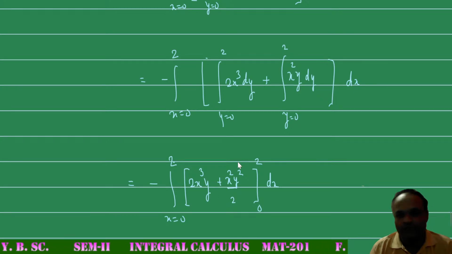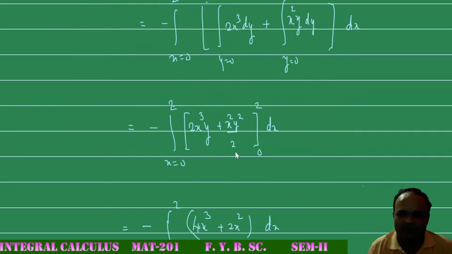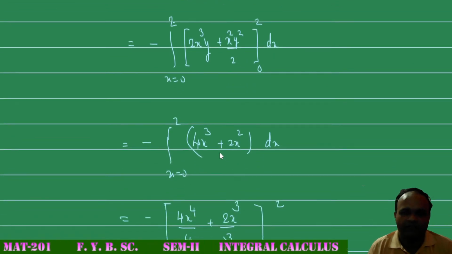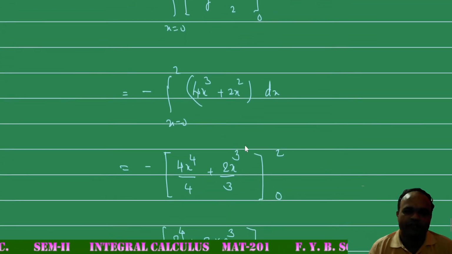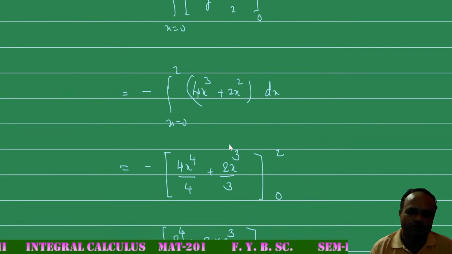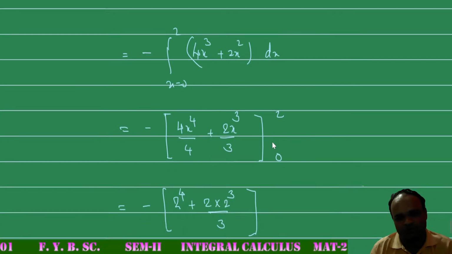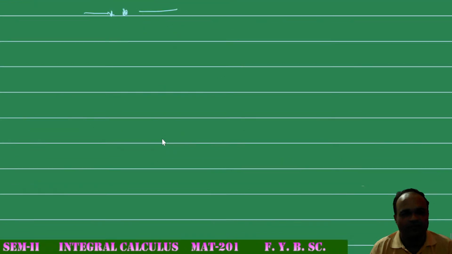The integration of x square y is x square y square upon 2. After putting limits you will get 4x cube plus 2x square, and lastly you integrate with respect to x, limits from 0 to 2. Its integration will be 4x to the fourth divided by 4 plus 2x cube divided by 3, limits from 0 to 2. After simplification you will get its value, that is minus 64 divided by 3.